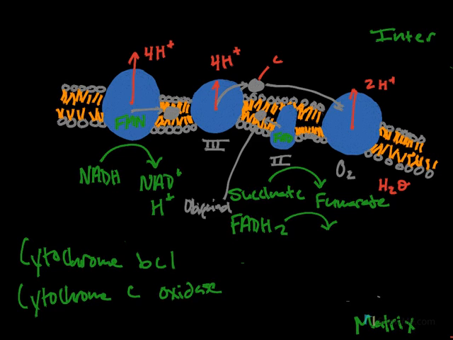So for every molecule of NADH that is oxidized at complex 1, we'll be pumping out 10 protons. And for every molecule of FADH2 or succinate that is being oxidized at complex 2, we'll be pumping out a total of 6 protons.